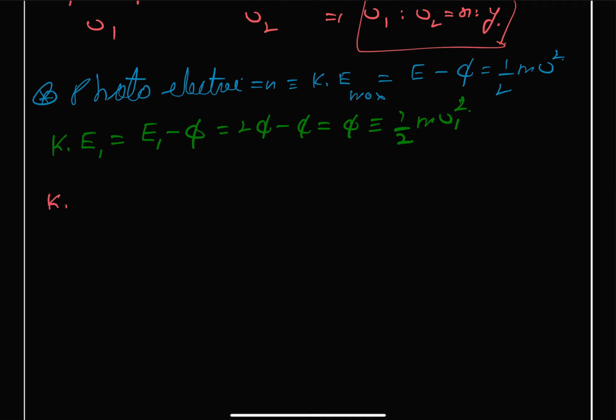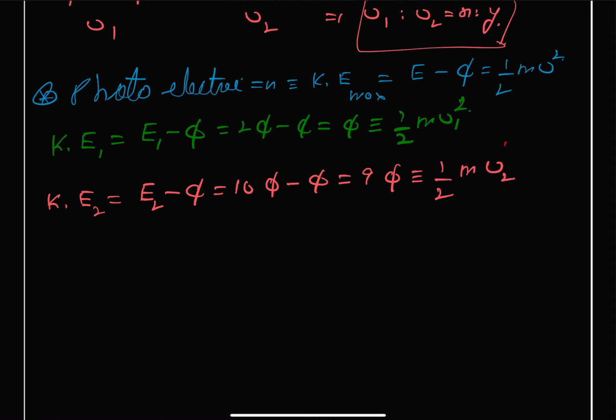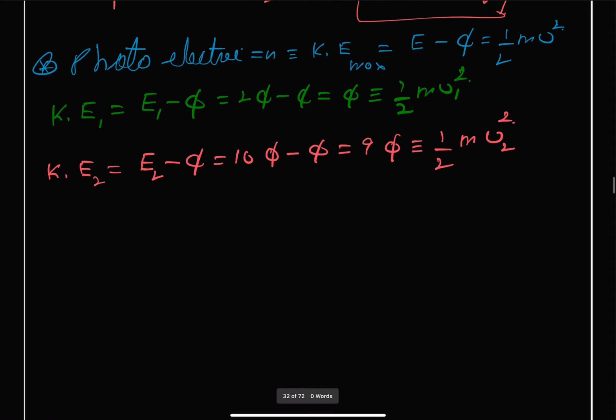Second, the kinetic energy is E2 minus work function, that is 10 phi minus phi, giving us 9 phi. This equals half m v2 square. Now we are going to take their ratio.